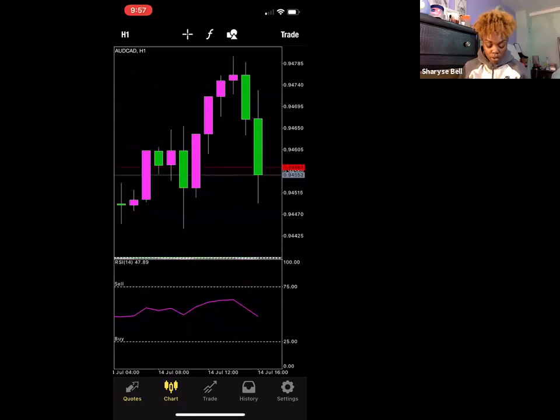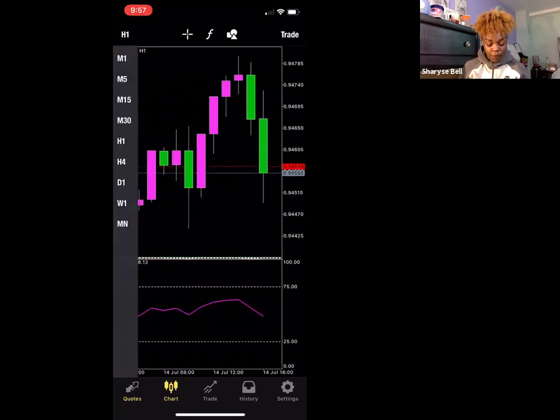In the top left-hand corner, you have something that says AUD CAD, comma H1 at the top of the square, and then above that, you actually have H1. So if you tap that H1 at the top, you're going to have this drop-down menu come up, and you're going to have M1, M5, M15, which stand for minute 1, minute 5, minute 15, as well as minute 30, right?